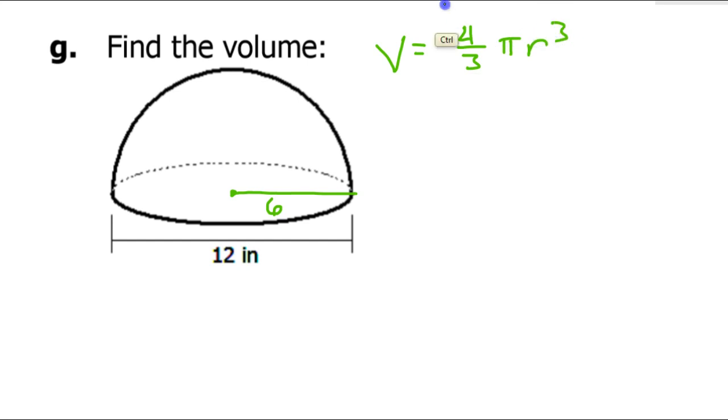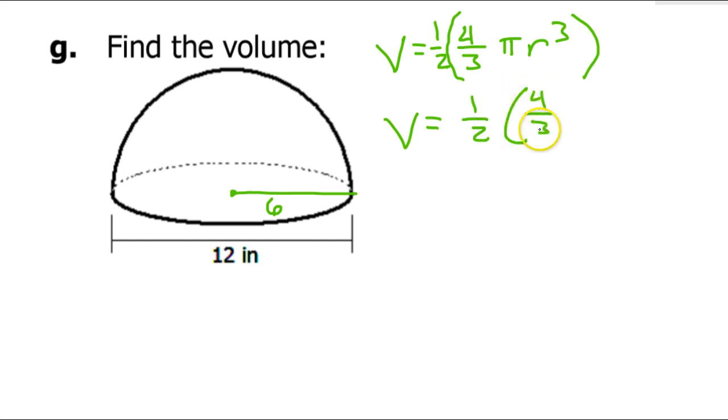That's the formula for the volume of a whole sphere. Now, because this is only half of a sphere, also known as a hemisphere, then we need to take half of all of this. So I'm going to do 1/2 of 4/3 pi 6 cubed.